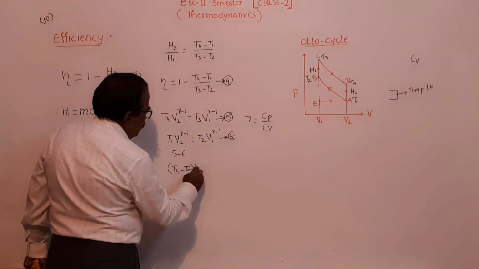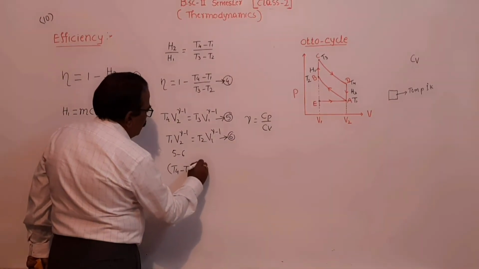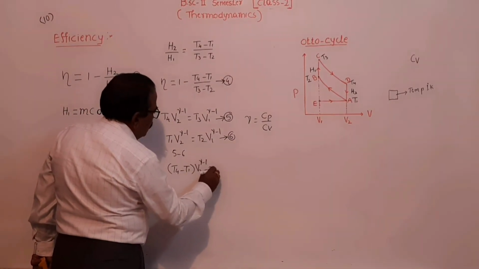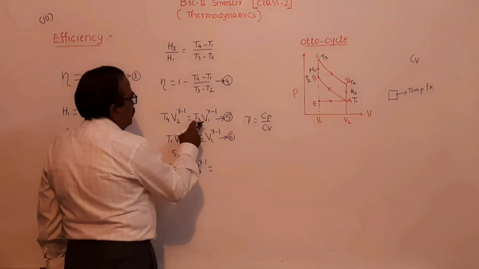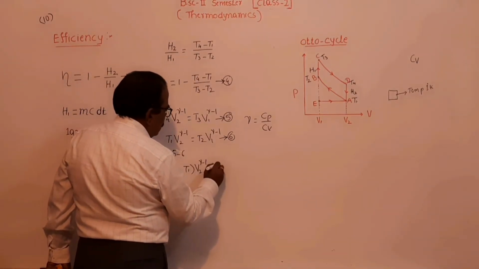V2 into nu minus 1 is equal to, T3 minus T2 is common.